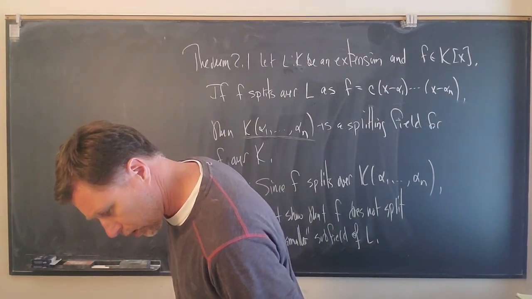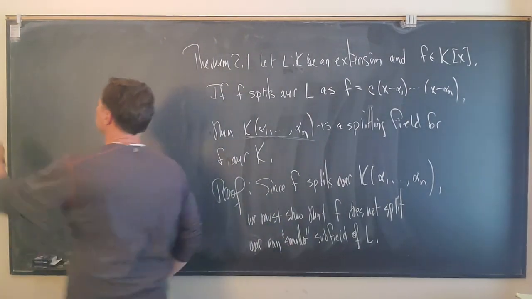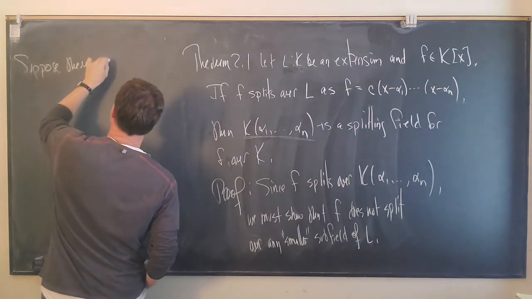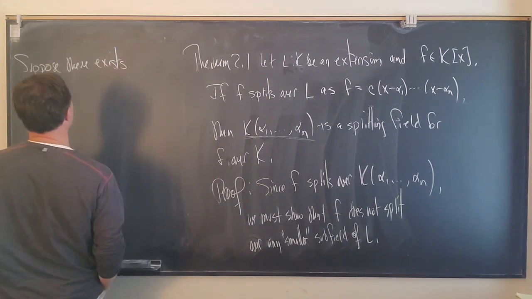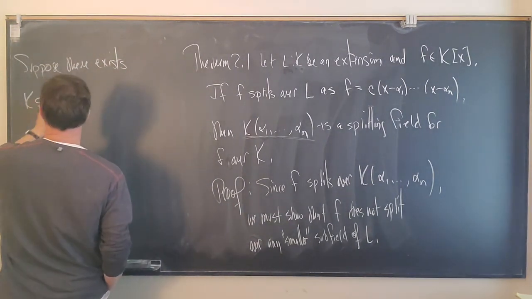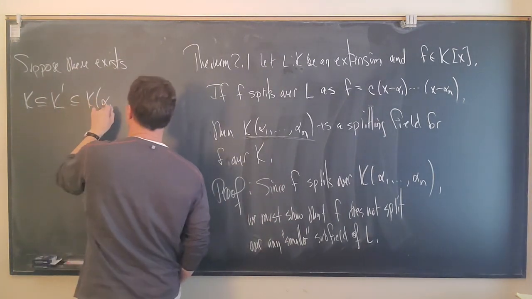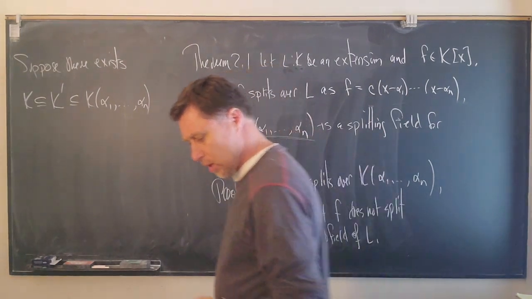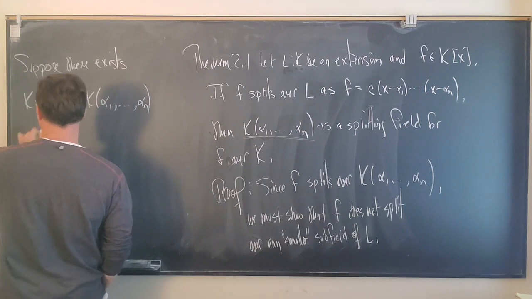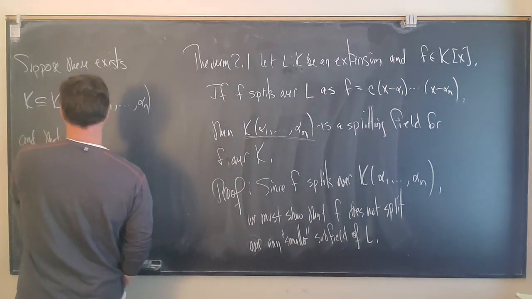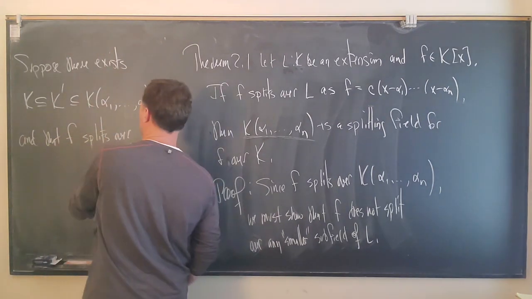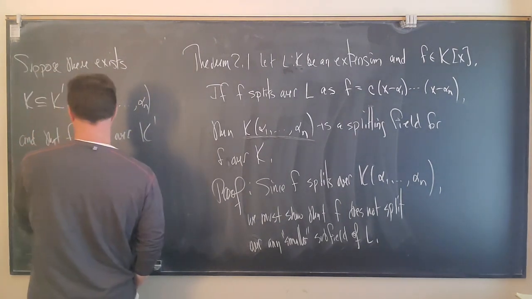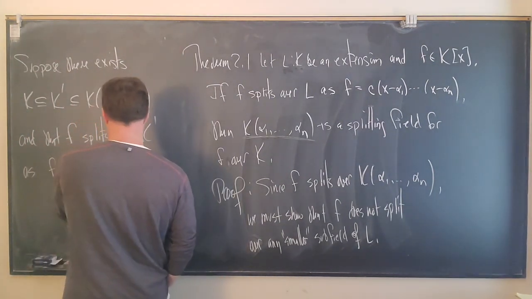Suppose there exists some K prime sitting in between, and that f splits over K prime as f equals c prime times x minus alpha 1 prime dot dot dot x minus alpha m prime.